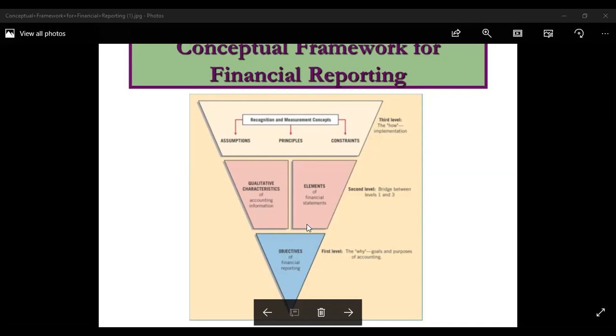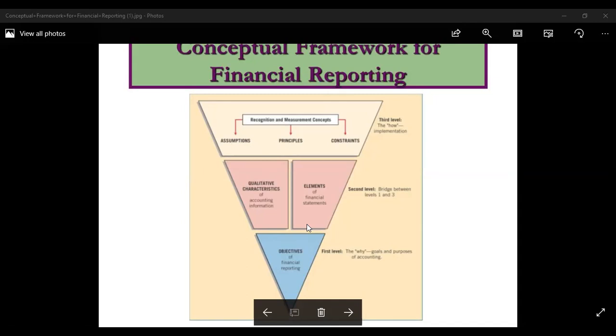We can see at the bottom the first level, although we can also see some illustrations in which the pyramid is really from the bottom, the bigger part, going to the top, which is the slimmer part, and the pointed end is at its top. However, we will just respect this one, probably because the objectives are like the lesser part, it's the first level, and this is the why, the goals and purposes of accounting.